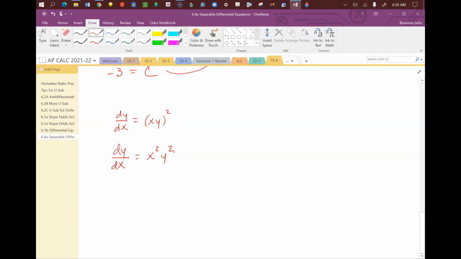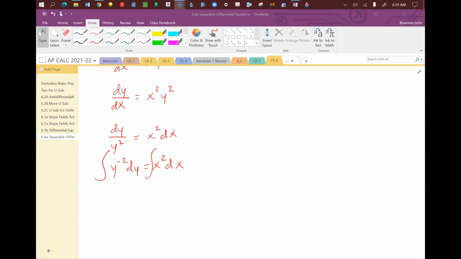And now separate the variables, so you'll have dy over y squared is equal to x squared dx, sorry, I wrote x, I meant y squared in the denominator here. And I would write that as y to the negative 2 dy is equal to x squared dx to make that easier for me to integrate.